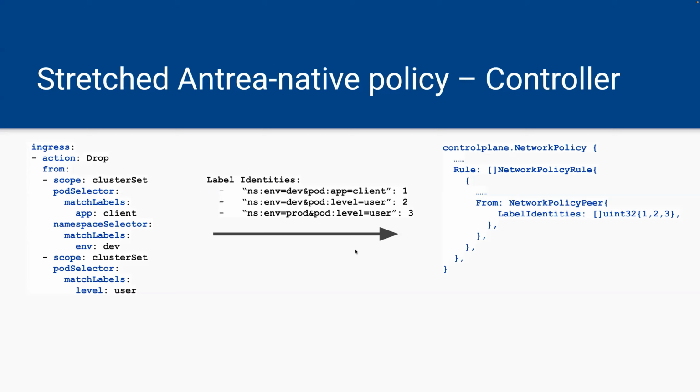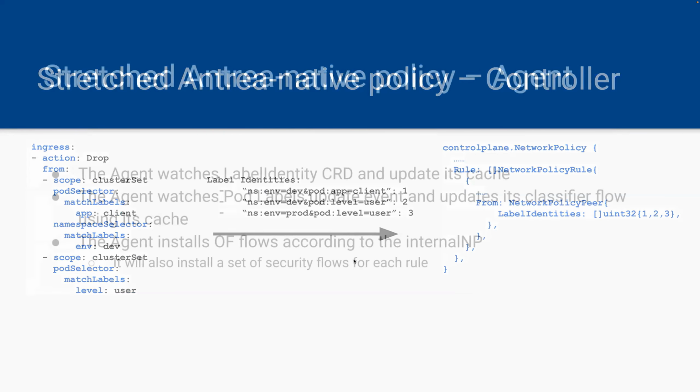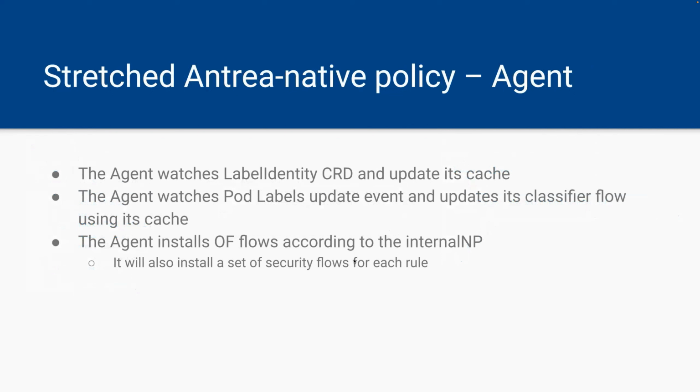The rule becomes a bunch of label identities, which are 1, 2, 3, and we distribute this rule to each of the agents that this policy applies to. On the data path side, the agent will program these label identity IDs into the data path so that any incoming traffic that matches these label identities will be allowed, dropped, or rejected based on the disposition of the rule itself.